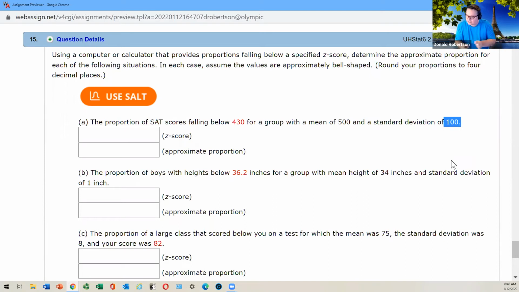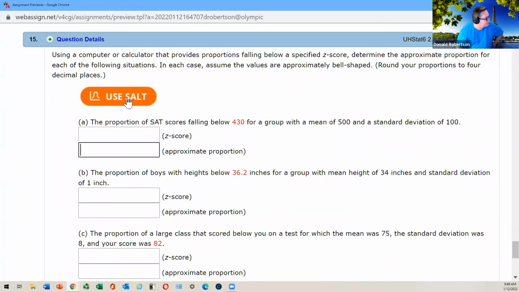It doesn't let you do the between values, what percentage those are. So this will do it for us, and we're going to get a Z-score and an approximate proportion. I'm going to write that number down because I'm probably going to forget it. The mean is 500, the standard deviation is 100, and they want below 430.